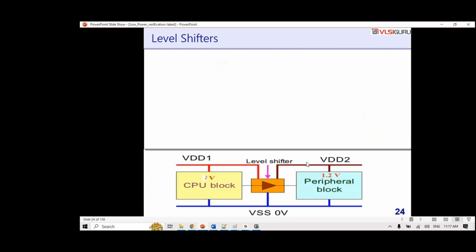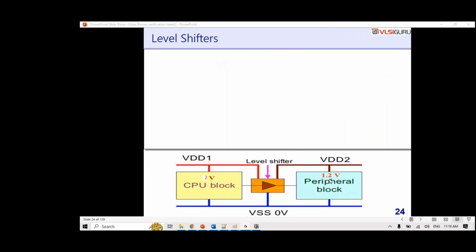Next, now let's talk about level shifters. You see here how many blocks there are. I have a CPU block which is working on 2 volts.